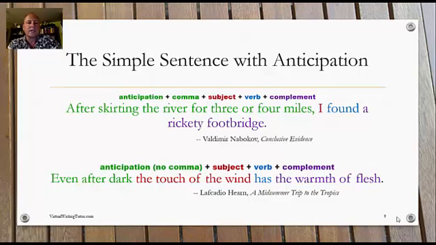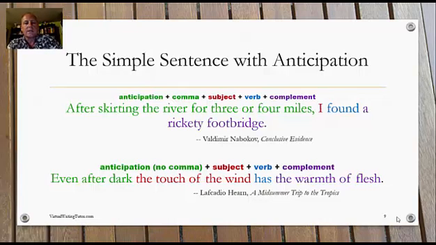The subject of the sentence is I, the verb found, and the complement a rickety footbridge. In the second sentence there is no comma, but we can tell that even after dark is the anticipation because it comes before the subject of our sentence, the touch of the wind.